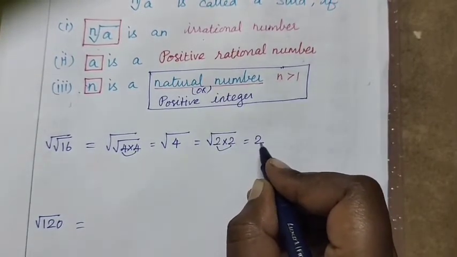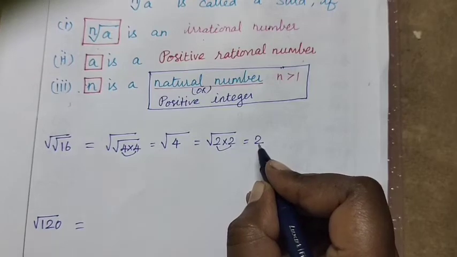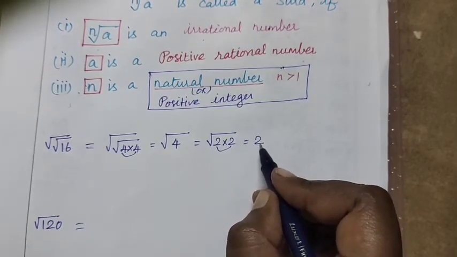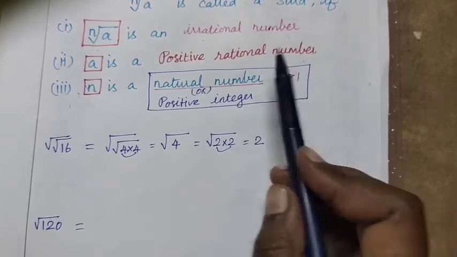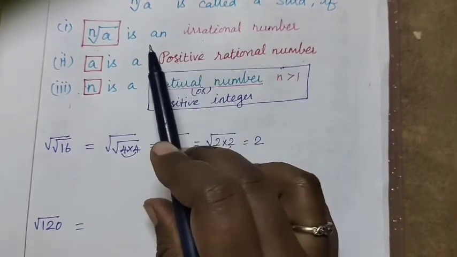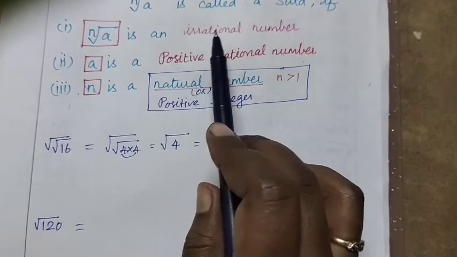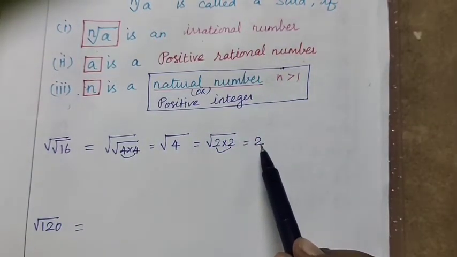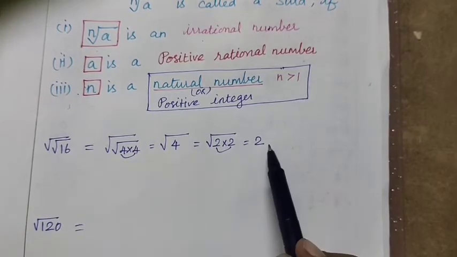It is a rational number. There is no root. The answer is not an irrational number. This answer should be an irrational number. It is a rational number. So it is not a surd.